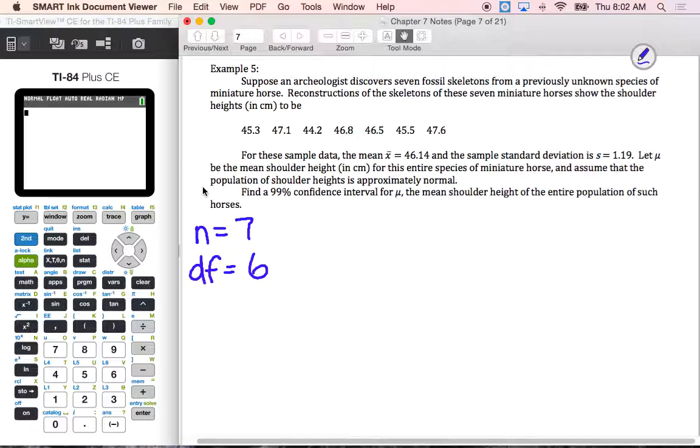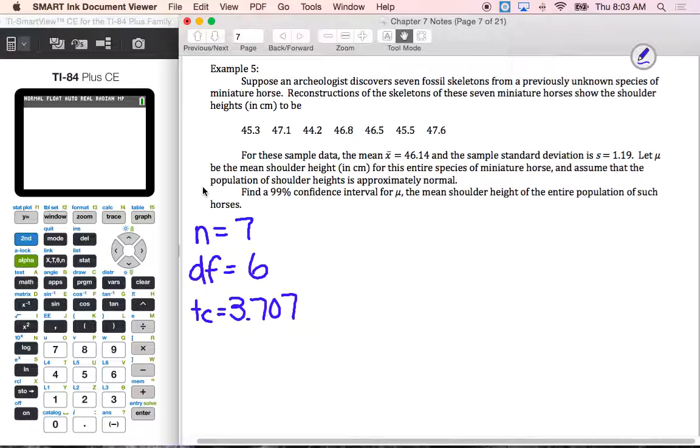So look in your table right now for your t value that matches up with a degrees of freedom of 6 and a 0.990 for your confidence level. So going through that, you should see you have a 3.707.